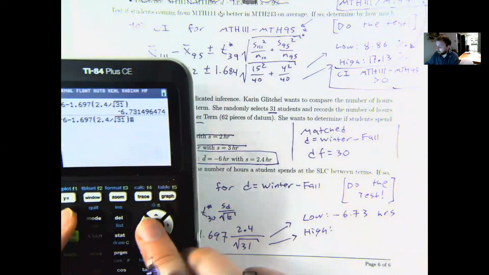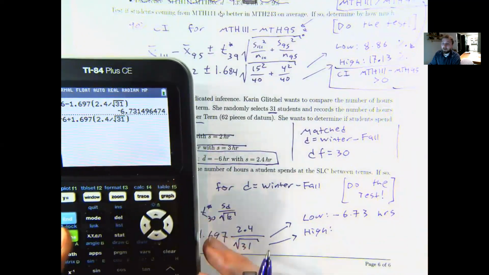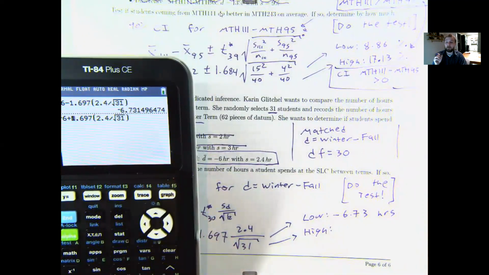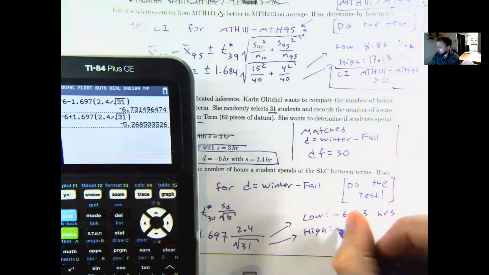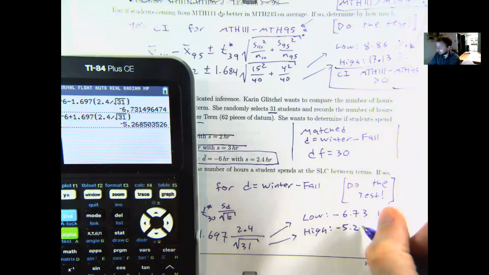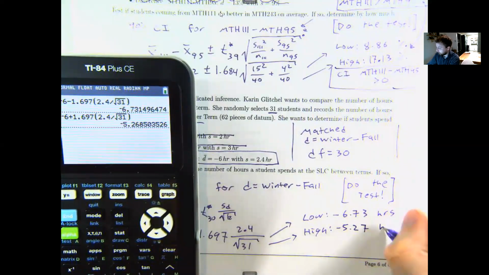When I do this with the plus, I'm really wondering if I'm going to end up with a negative or a positive, because whenever I end up with a negative and a positive, that tells me zero's in my interval and the results are inconclusive. So if this is negative, negative, it is, that tells me that there must be some evidence of a difference between the groups.